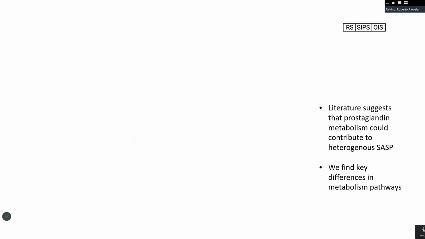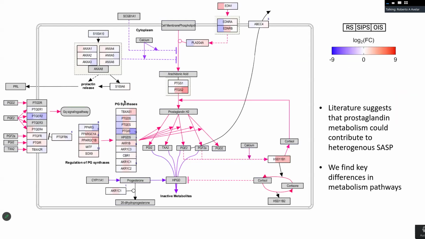And so when we map this out, we can see that there are individual enzymes that are differentially expressed in different senescent states. So for example, the stress-induced senescence samples seem to be upregulating these PG synthases that are downregulated in these other senescent states. I don't know if that means anything, but a lot of these are rate limiting enzymes, etc. So maybe just having a few of them be different could be important. But anyway, we just thought we'd highlight that.